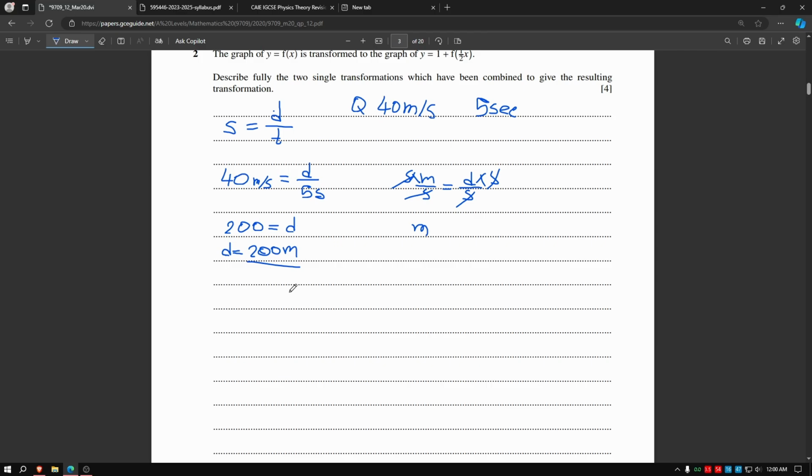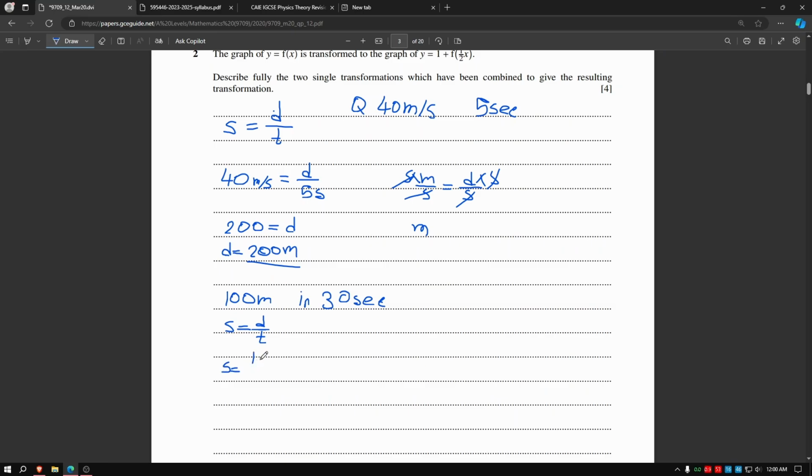And again, if you have only distance, let's just say I covered 100 meters in, let's just say, 30 seconds. Okay, so s equals d by t, and I do not know my speed. They have told me to find out my speed.